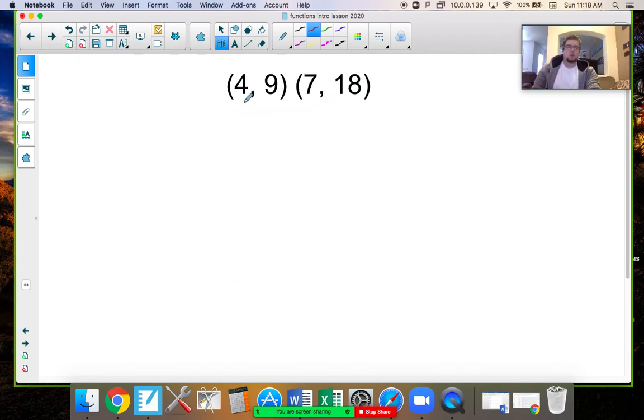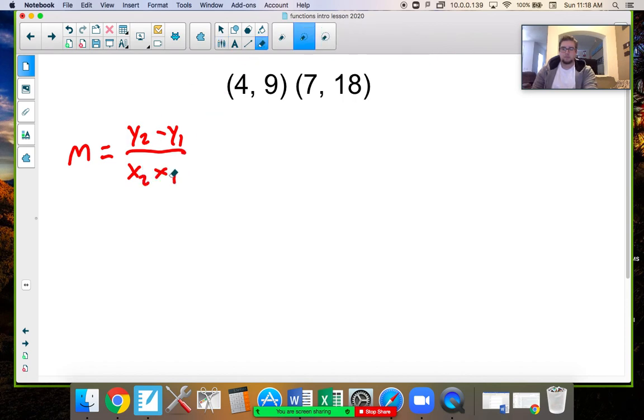If we have two ordered pairs like this, there is a slope formula, m equals y2 minus y1 all over x2 minus x1. We come over here to our ordered pairs, which are just x's and y's. I'm going to pick one pairing to be 2's, one pairing to be 1's. So this one's going to be 2's. These are going to be the 1's.